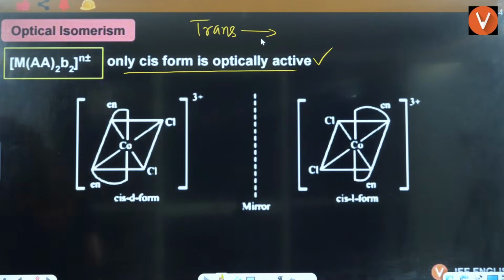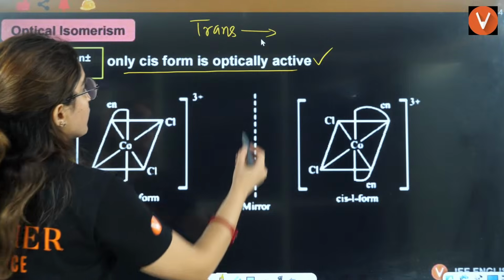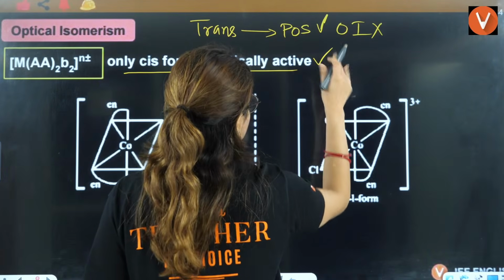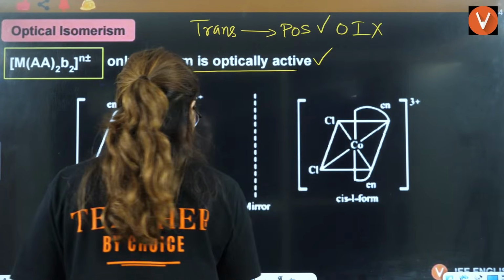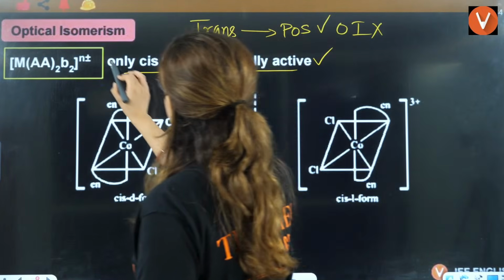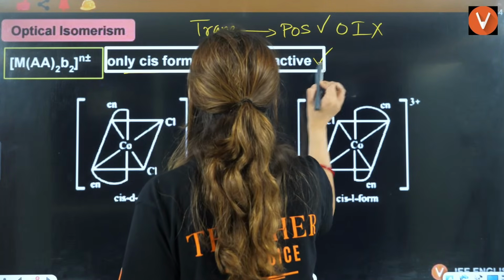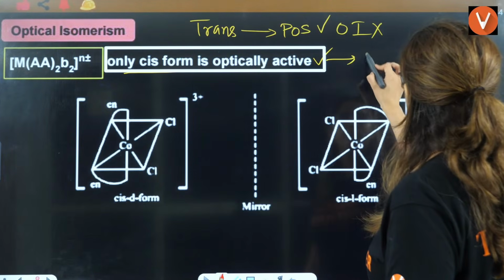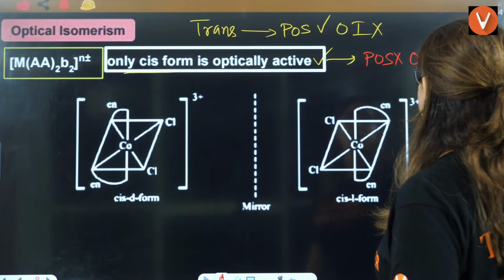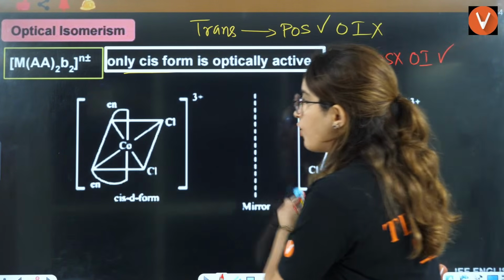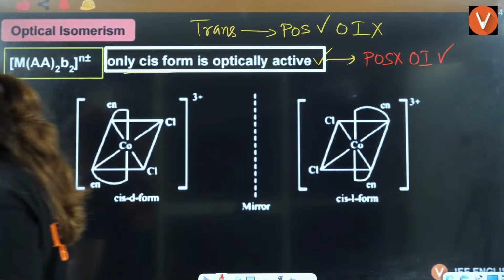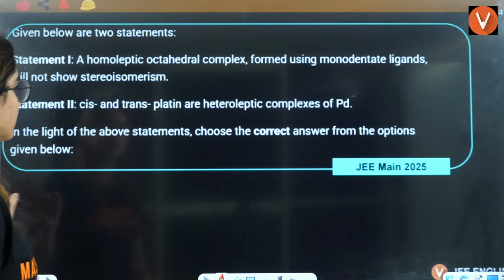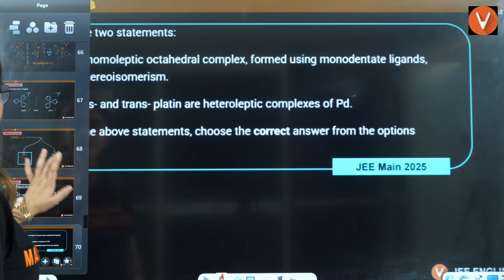So can I say that POS is present, and optical isomerism does not exist? So we have written that only in cis form does optical isomerism exist, because POS is absent, so optical isomerism will exist. This is how D and L optical isomerism will exist here. Understood, everybody? I hope that is clear to all of you.